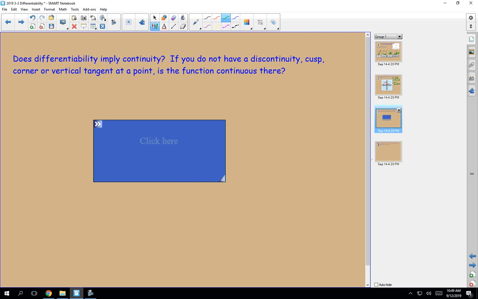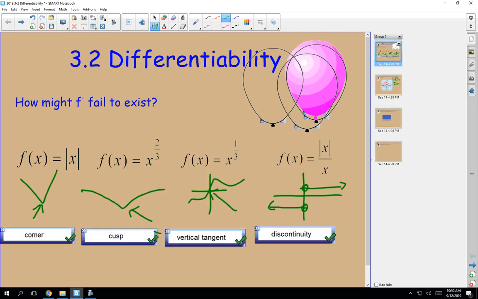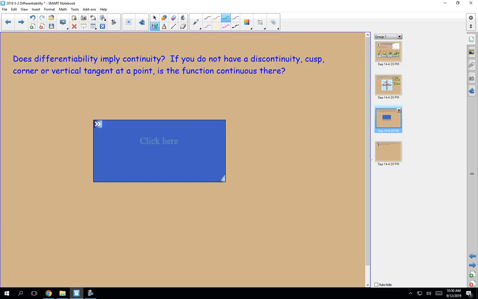So differentiability does imply continuity, even though continuity does not imply differentiability, that we saw in those first 3 examples, right here. Continuity does not mean it's differentiable. These are each continuous everywhere, but they're not differentiable at some point. But differentiability does imply continuity.